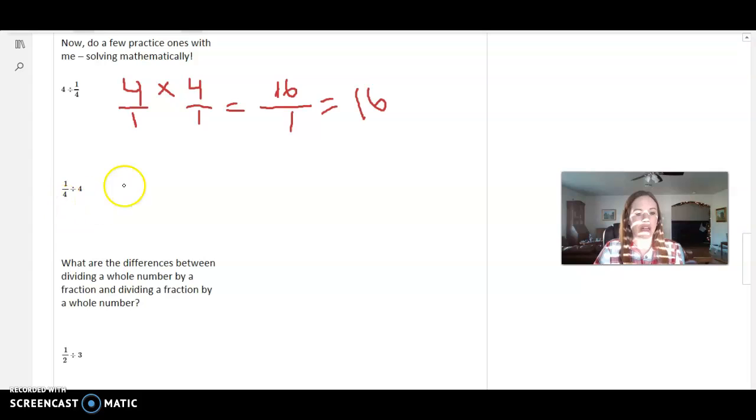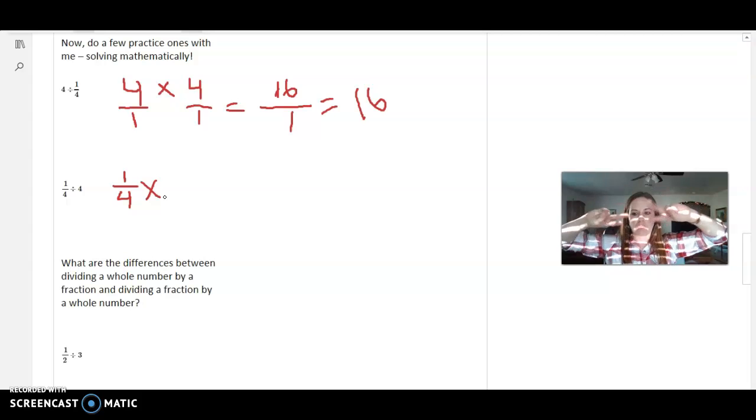So let's keep the dividend, 1/4. I'm going to keep it. I'm going to multiply by the reciprocal. I'm going to flip 4. Well, 4 as a fraction is just 4/1, right? So let's flip it. 1/4.